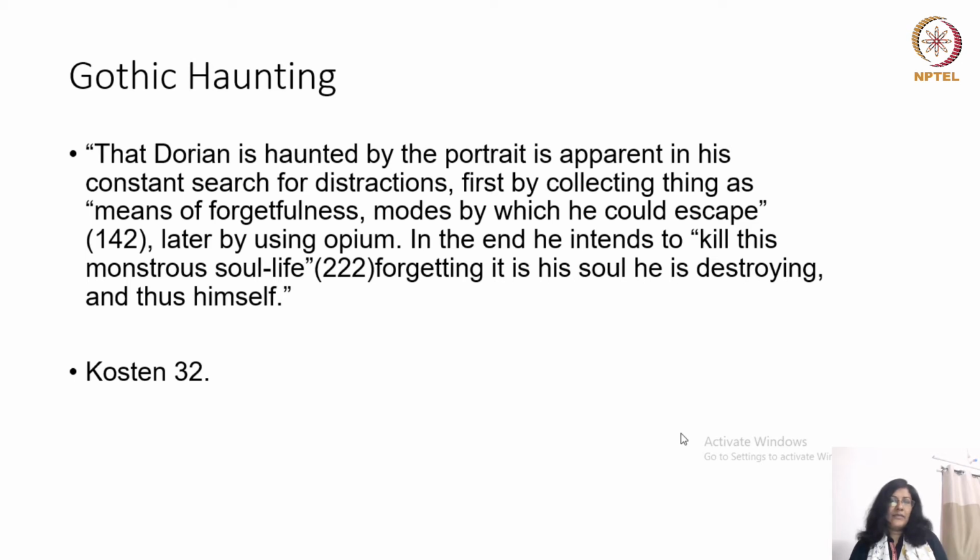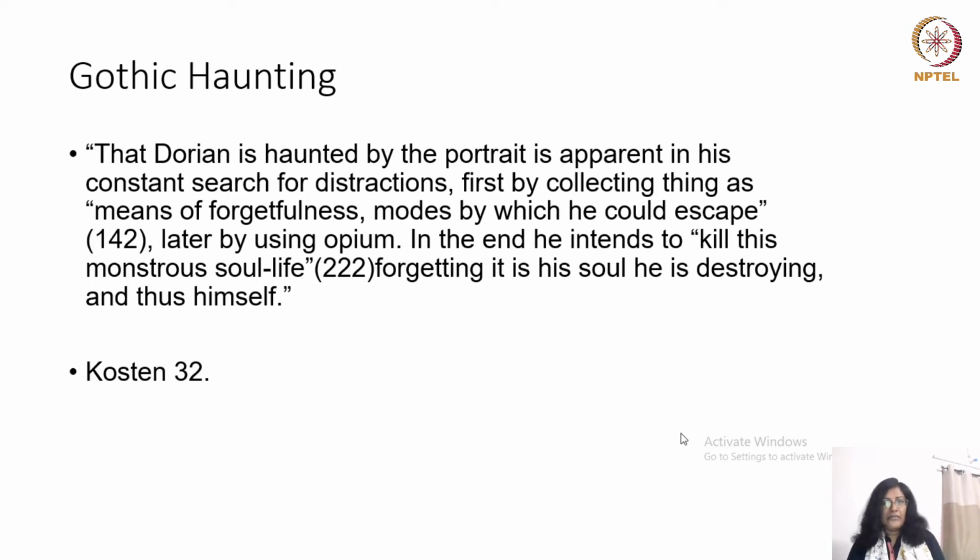Now, what Dorian does is use opium to make sure that he really forgets this portrait which seems to be haunting him, this soul life that seems to be chasing after him. And that too is futile. He's not successful. Objects not helping. Making himself numb by using opium is again not helping, and therefore he decides to destroy it, just as he did destroy Basil Hallward.